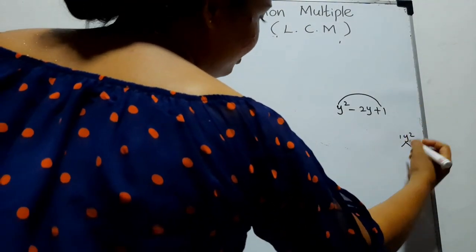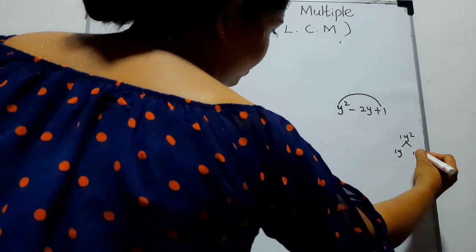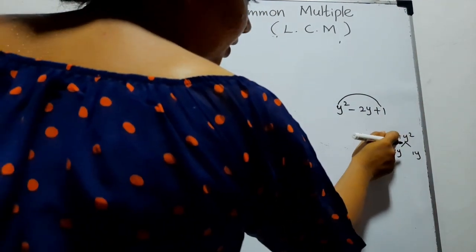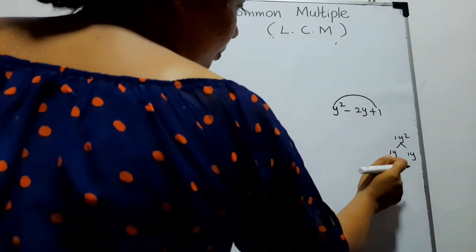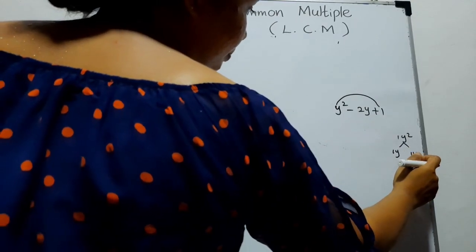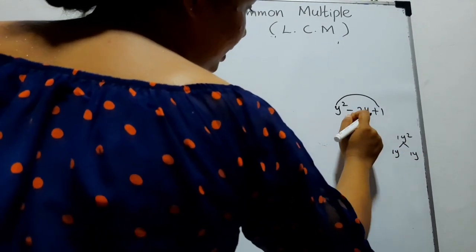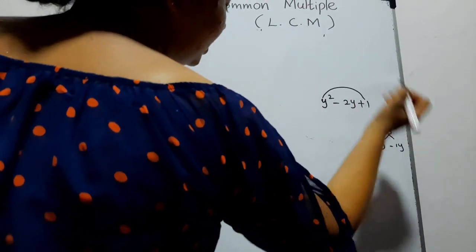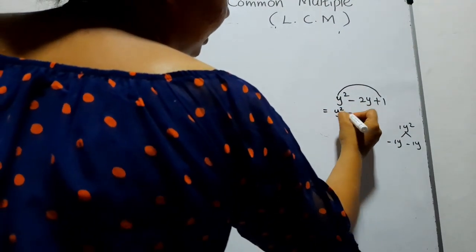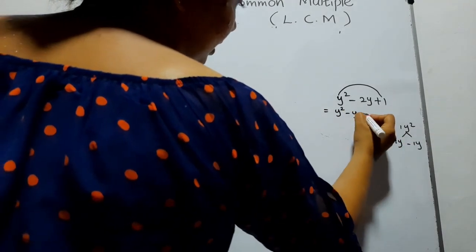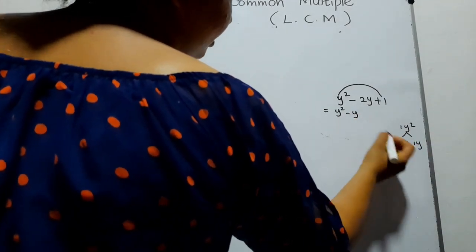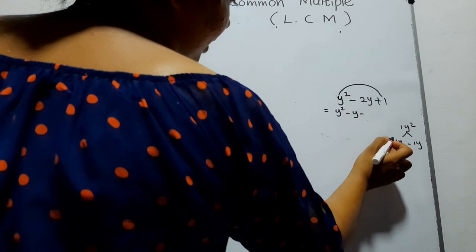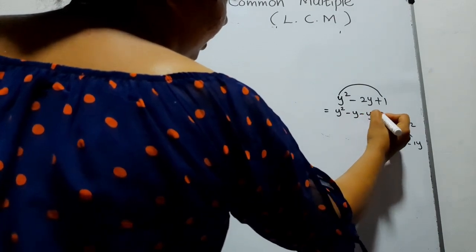There is only one way: y into y. To obtain a positive number, either both terms are positive or both negative. Here the sign is negative, so both are negative. Then we write y squared minus y minus y plus 1.